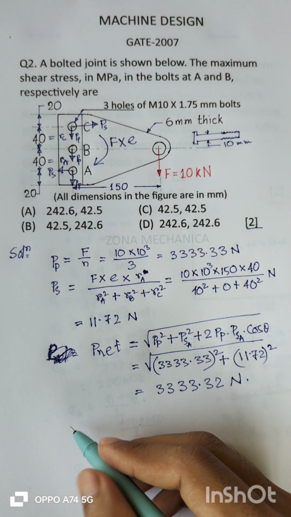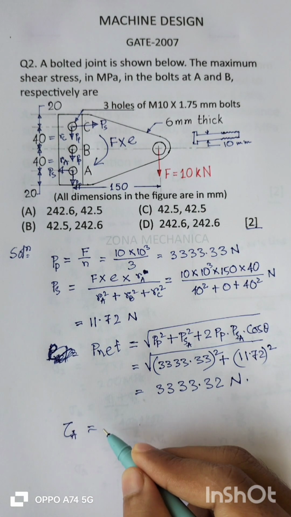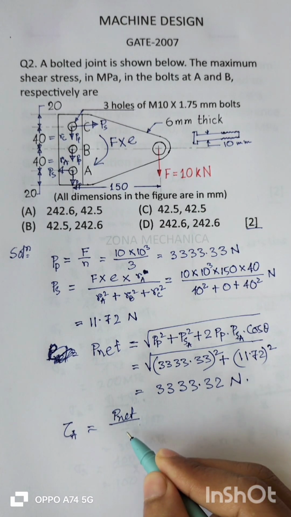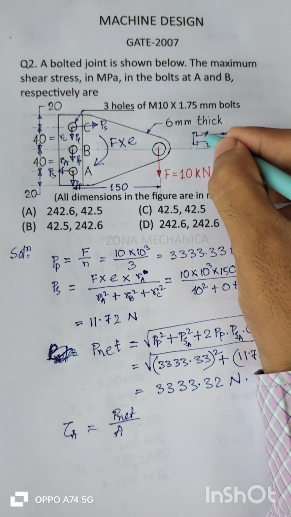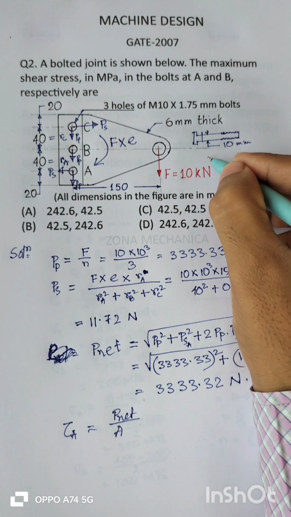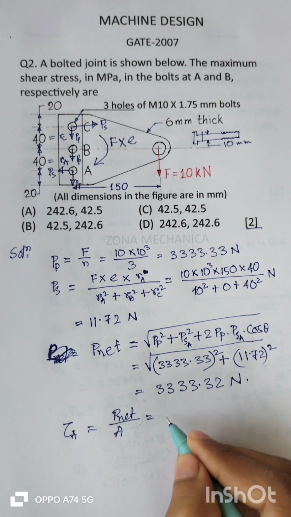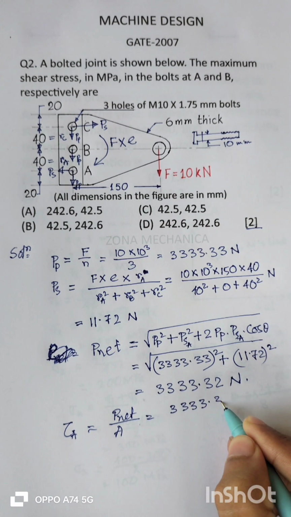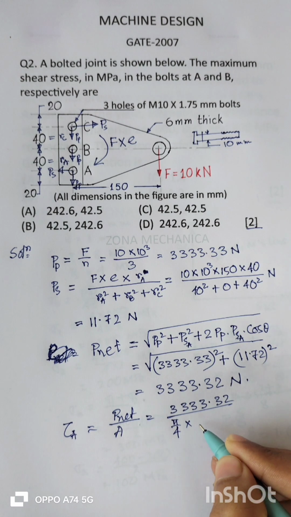Now the shear stress acting in A will be P net by the area, right? Cross sectional area of the bolt. See, this cross sectional area of the bolt will be 3333.32 by pi by 4 into d square, right?